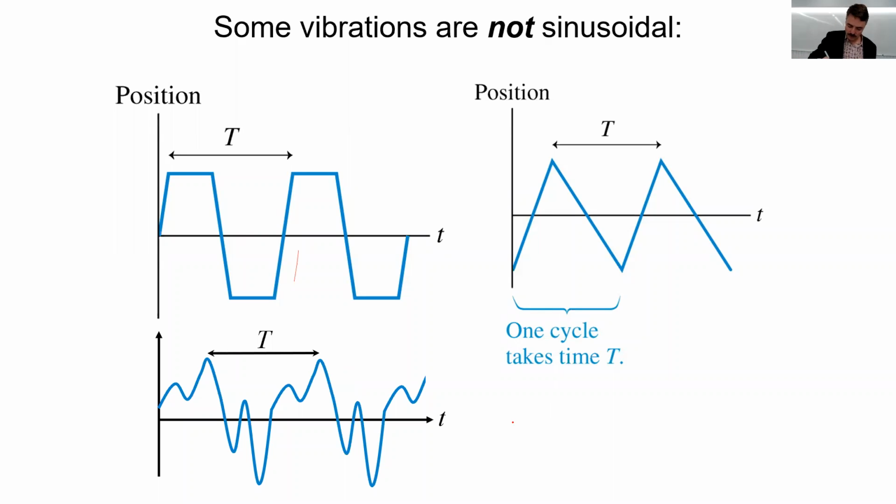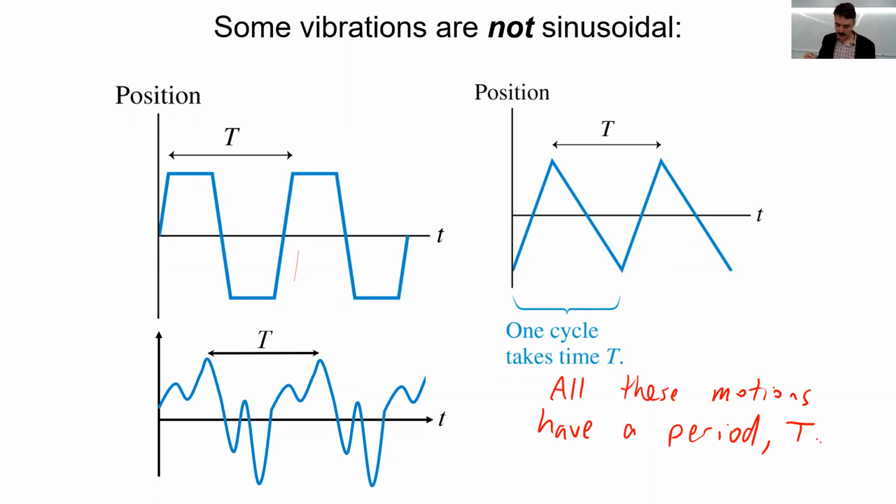So all these motions have a period, which is called capital T. The units of period are seconds.